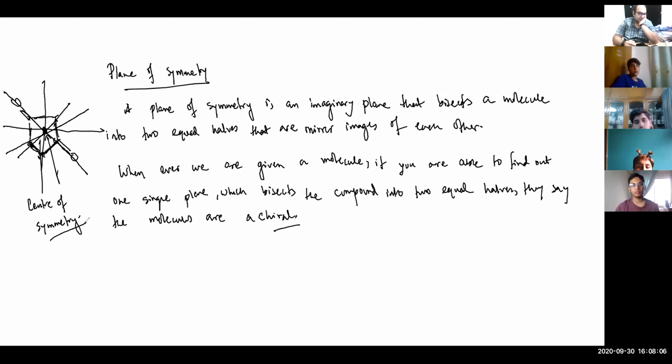So one plane is enough to be achiral. If you can find one plane which shows that it forms identical mirror images, then the molecule is achiral.